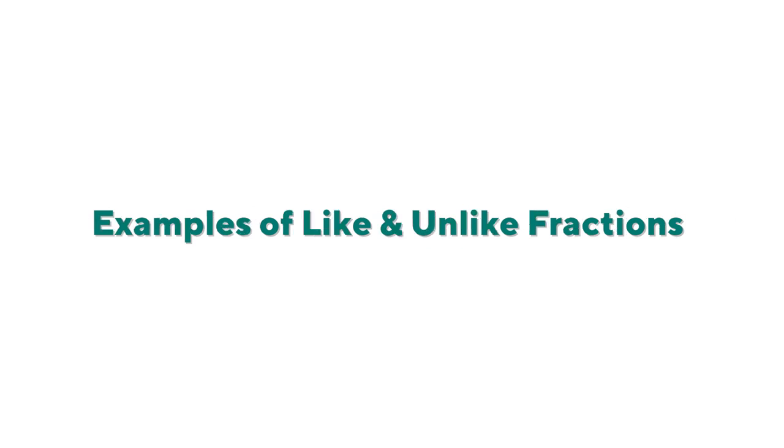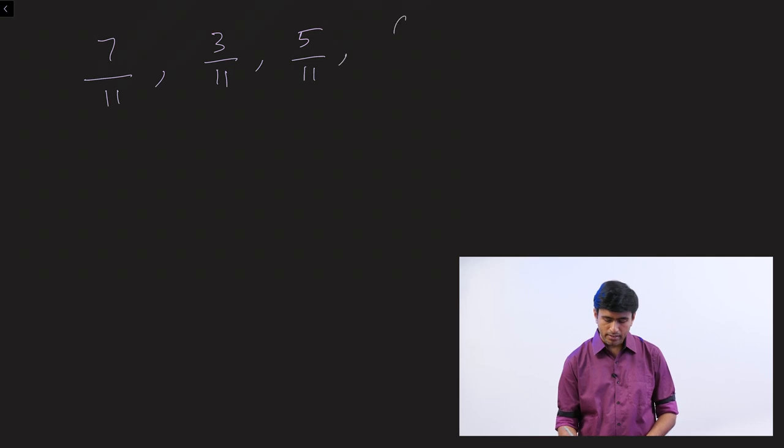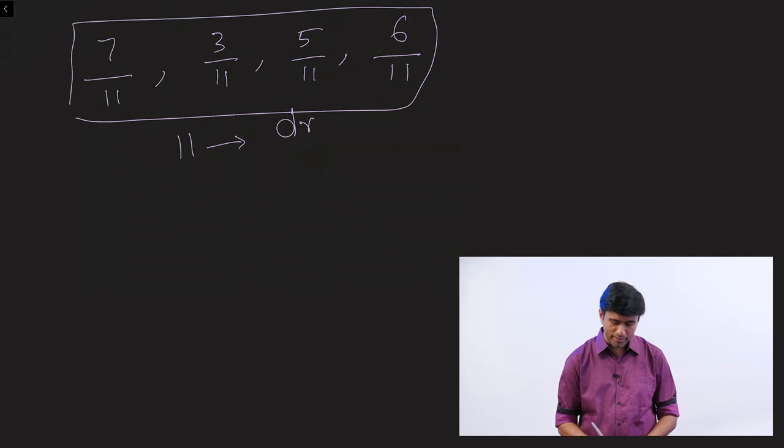Let's look at the examples. Like fractions: 7 by 11, 3 by 11, 5 by 11, 6 by 11. All these fractions have 11 as the denominator. They are called like fractions, the same denominator.